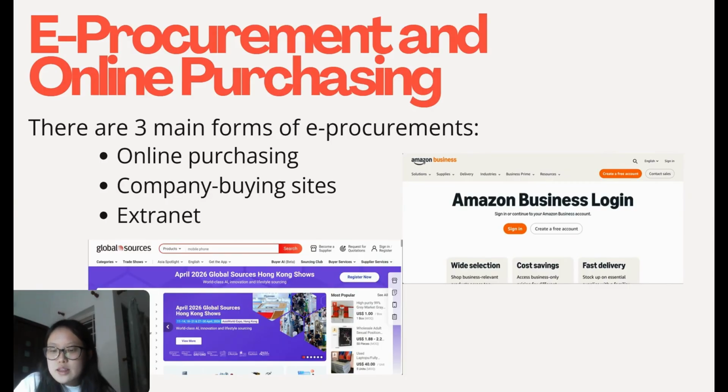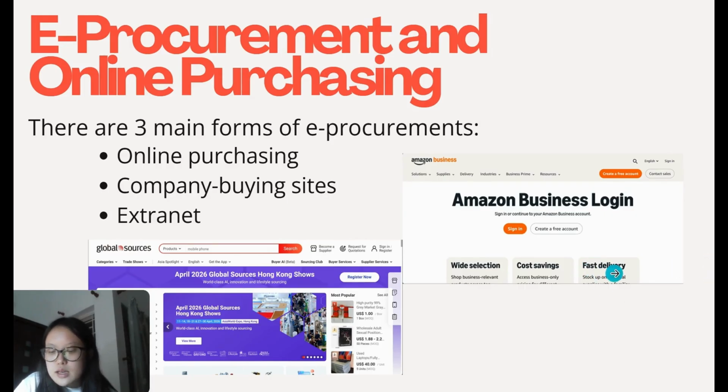Some companies create their own internal purchasing websites. Employees can only order approved products, which helps the company control spending and standardize purchases. For example, Global Sources is a leading B2B platform that connects buyers with suppliers across various industries. Amazon Business is a B2B marketplace that connects wholesale suppliers with online retailers.